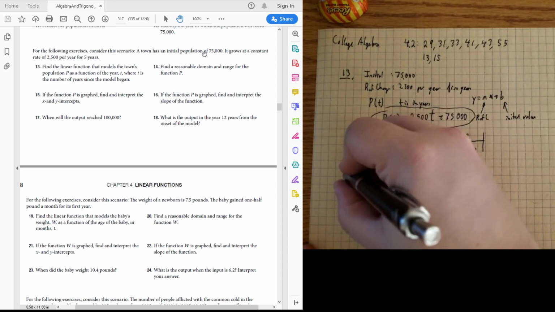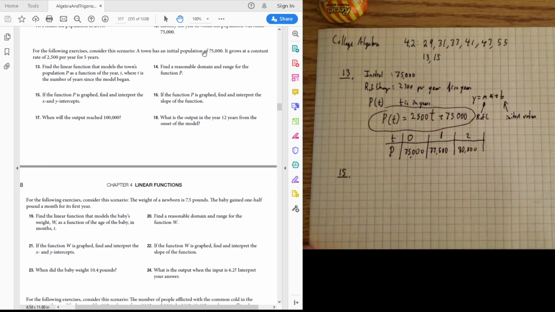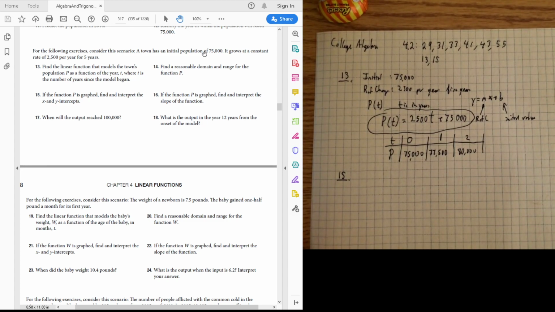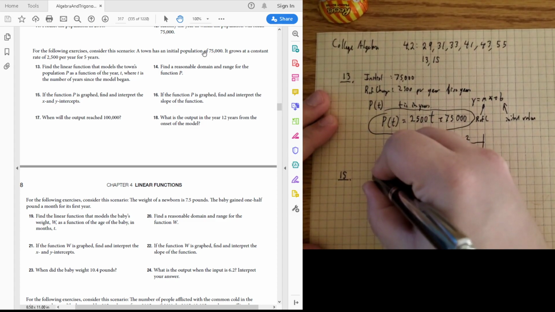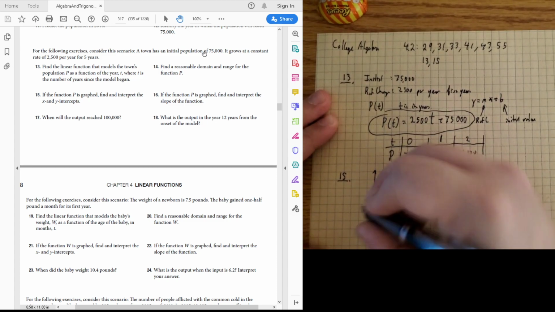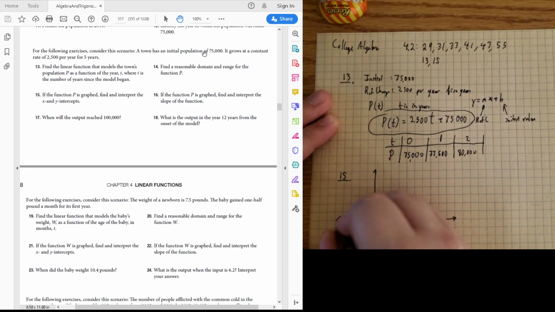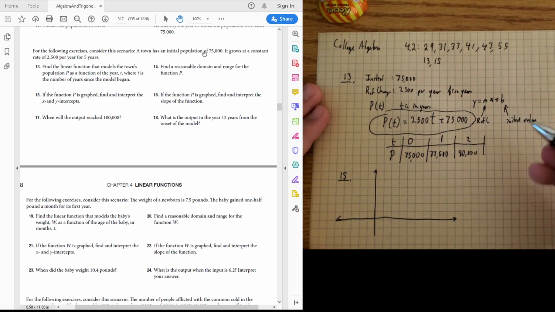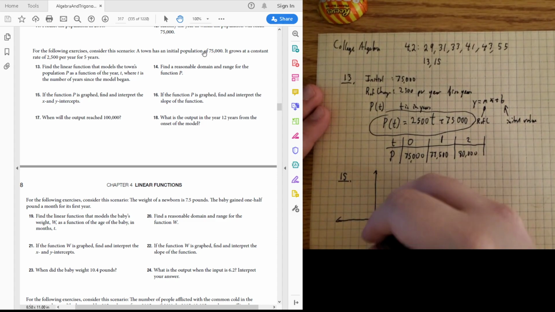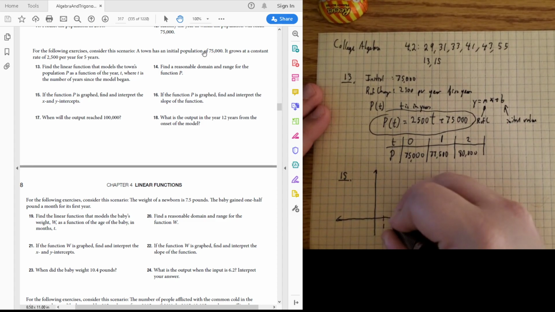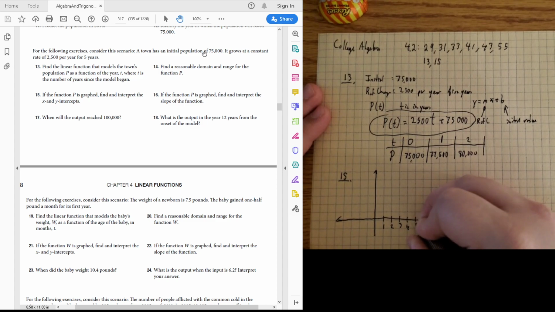Now, number 15 is a little bit different. It asks, if the function is graphed, find and interpret the x and y intercepts. So I'm going to graph my function. Okay, so in this example, I'm going to count by 1, so 1, 2, 3, 4, and 5.